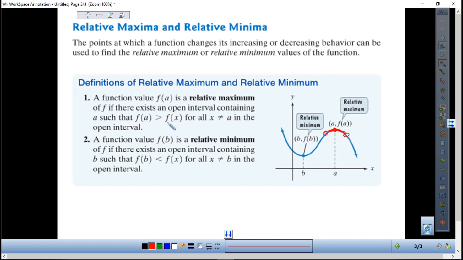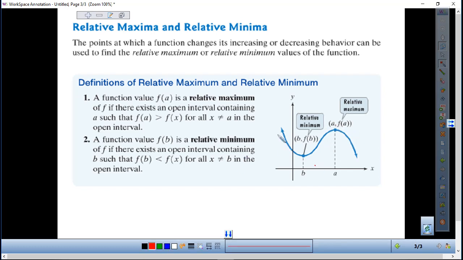Well, it's going to give us an f of x that's going to be what? Less than that value of f of a. It is the highest value, the highest y value right there. Any other x value in this open interval is going to be smaller. That is why that's a relative maximum.